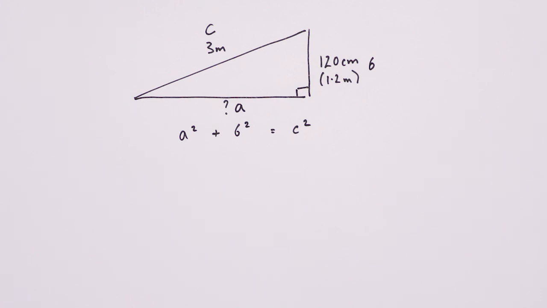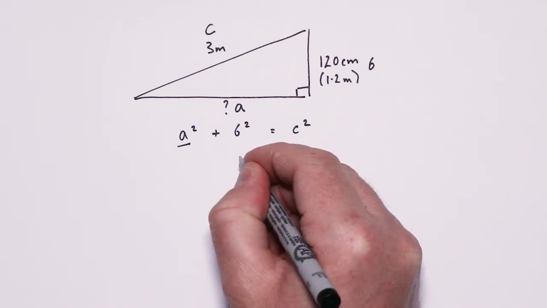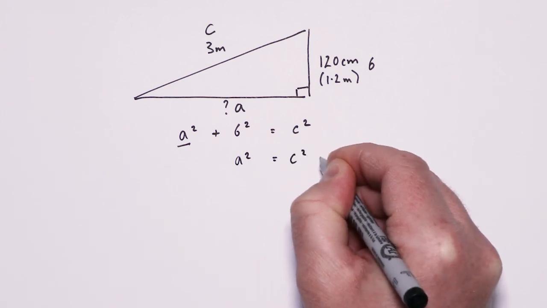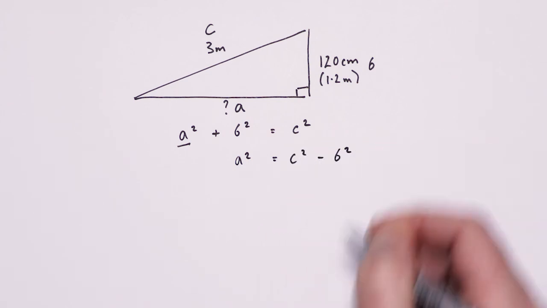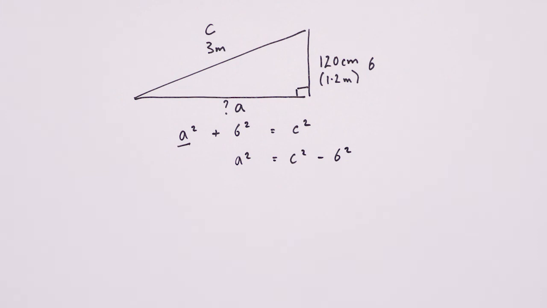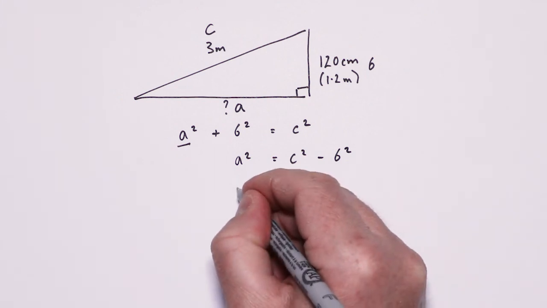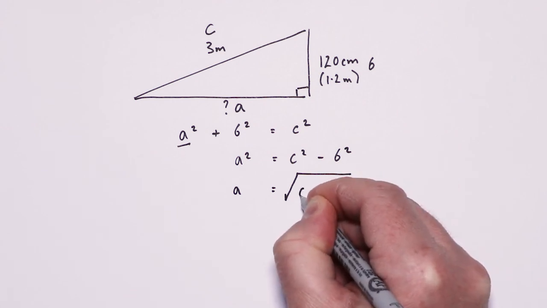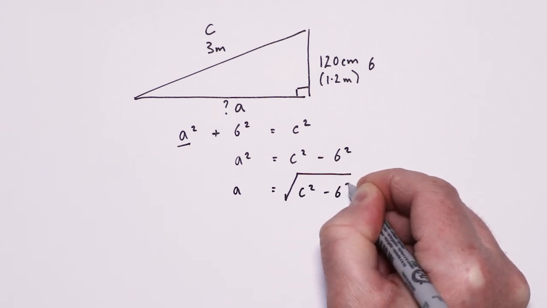So we are rearranging Pythagoras' theorem to find a. A squared plus b squared equals c squared. And that's the same as saying that a squared equals c squared minus b squared. But we don't want a squared, we want a on its own. So that means that a equals the square root of c squared minus b squared.